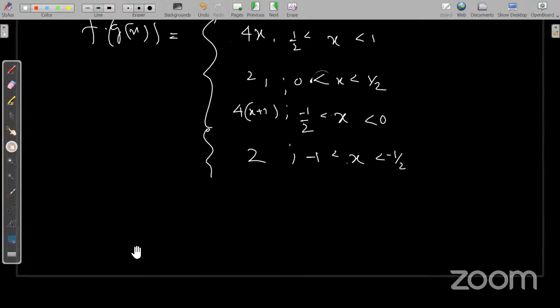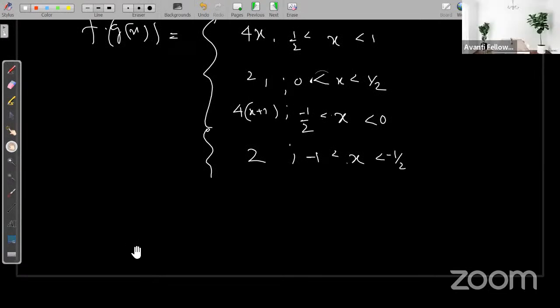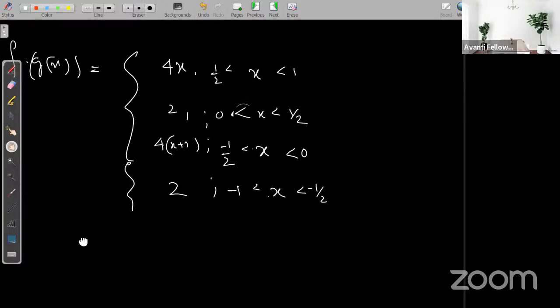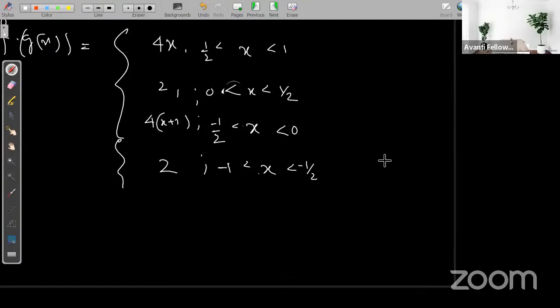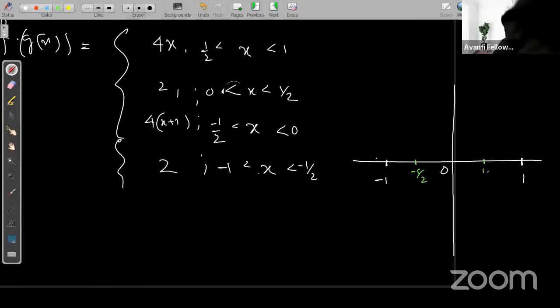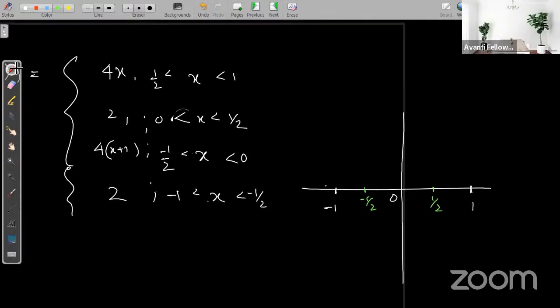Now you need to use this information to draw the graph. Suppose this is my origin, this is my 1, this is my minus 1, this is my minus 1/2, this is 1/2. And suppose this is my 2, this is 4.